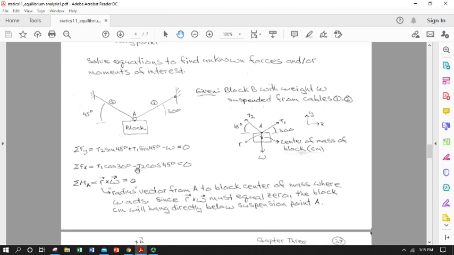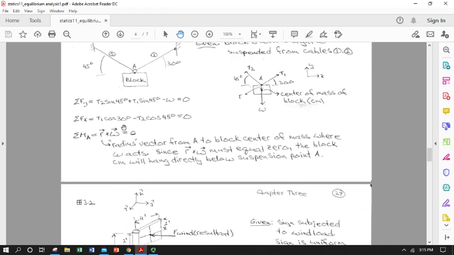So my moment equation in this case really doesn't give me any information. So I've really only got 2 equations that I can use for equilibrium analysis, so it's a good thing I only have 2 unknowns. So I use these 2 equations and solve for the 2 unknowns, just use some algebra, and I can get values for T1 and T2 in terms of W, the weight of the block.